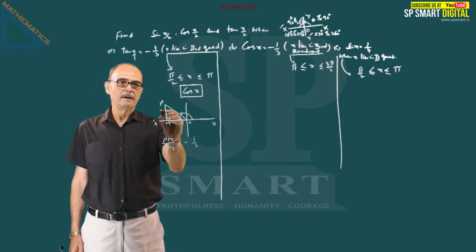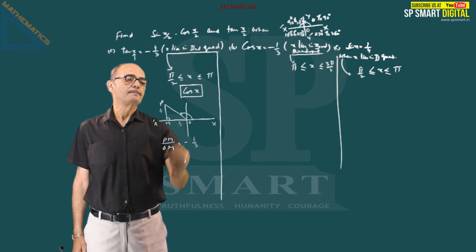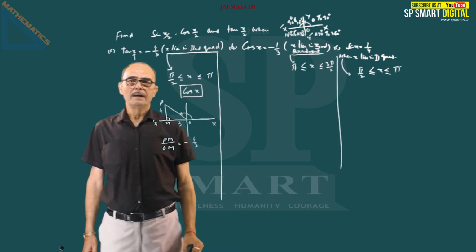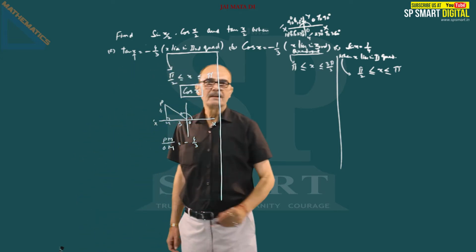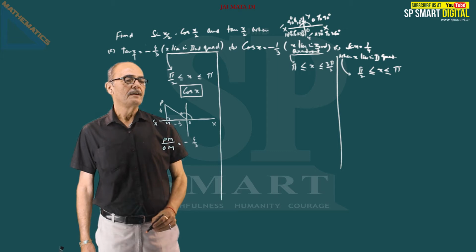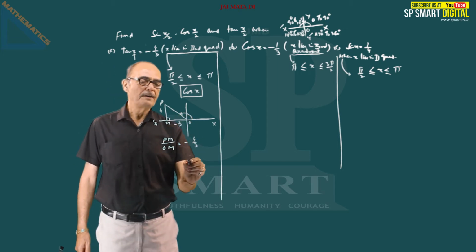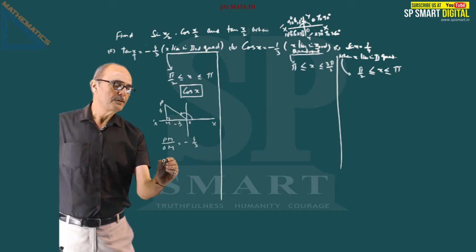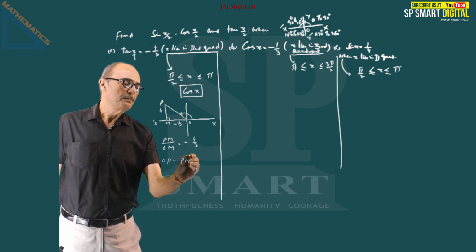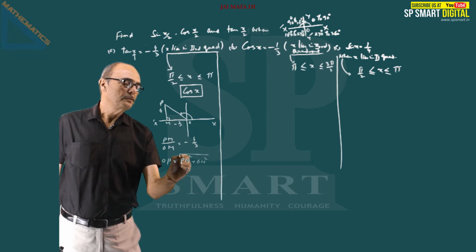PM is 4 units and this is 3 units. Since it lies in the direction of OX dash, we shall take it with a negative sign here, and find the hypotenuse OP by using Pythagoras theorem: under root PM square plus OM square.